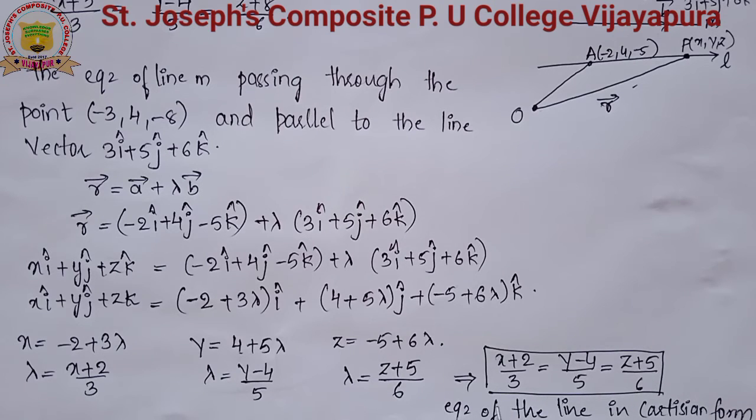So here this is the line which is passing through the point (minus 2, 4, minus 5) and parallel to the vector 3i plus 5j plus 6k. And here you can solve this problem directly by using the formula for the equation of the line in Cartesian form.